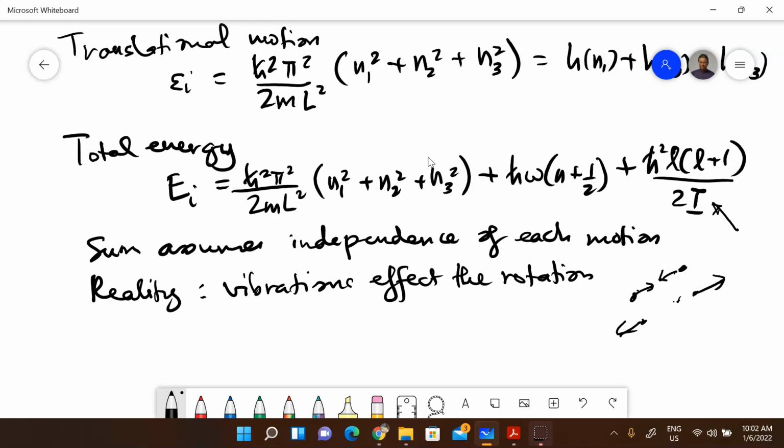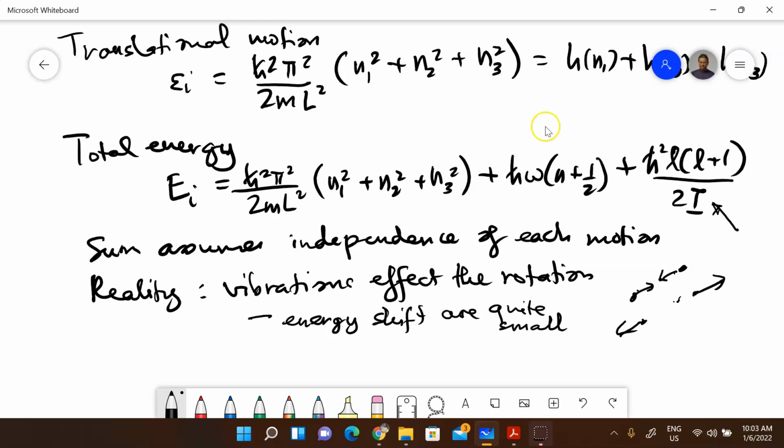So the vibrational states will have an effect on the rotational states. But the energy shifts are quite small, and we can ignore them.